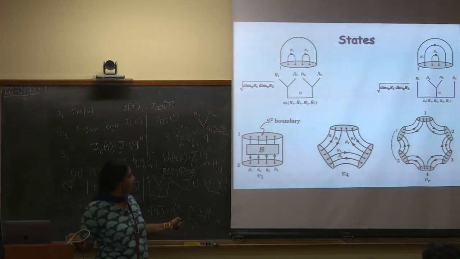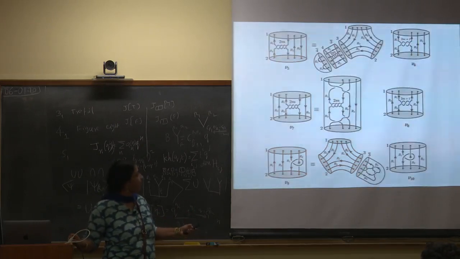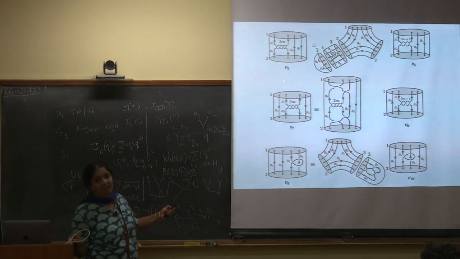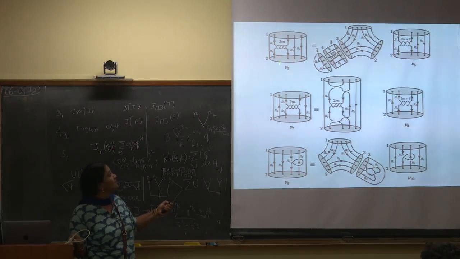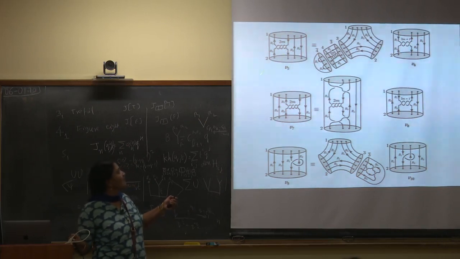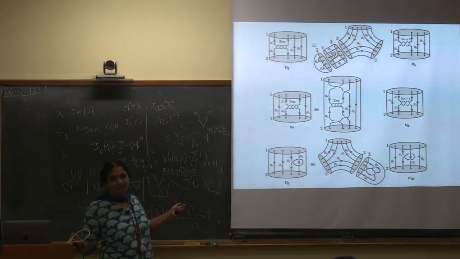So we can write states for each one of them. Suppose I have an arbitrary braid of this type, it is not evolving from one boundary to another. If you see here, it goes from here and comes back here. There are non-trivial entanglements happening here. You can treat it like quasi-particles on the S2 boundaries evolving in time, and they have non-trivial entanglement properties between this S2 boundary and this S2 boundary.